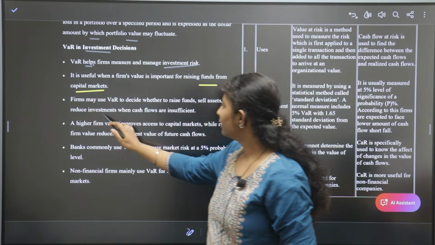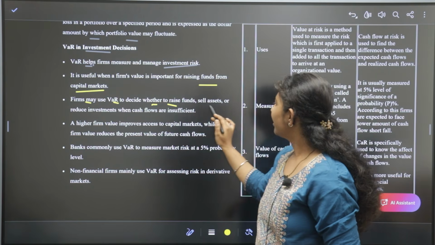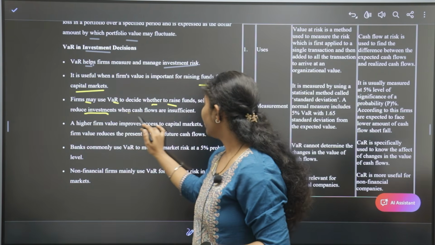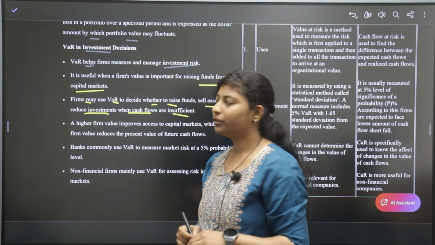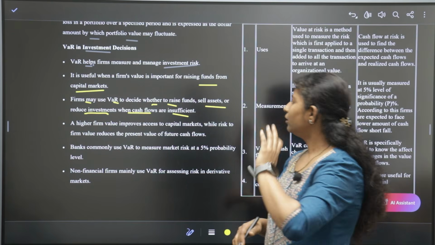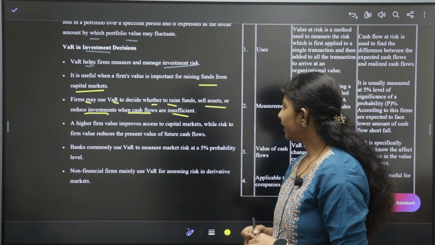Next, firms may use VaR to decide whether to raise funds, sell assets, or reduce investment when cash flows are insufficient. Here it will help firms decide whether to raise, whether to sell, whether to reduce investments, to maintain cash flow.